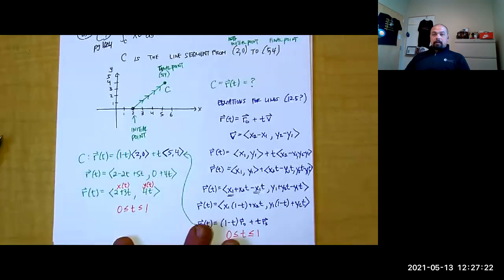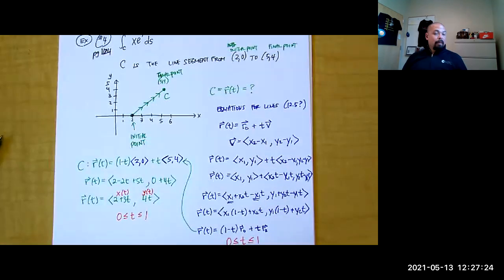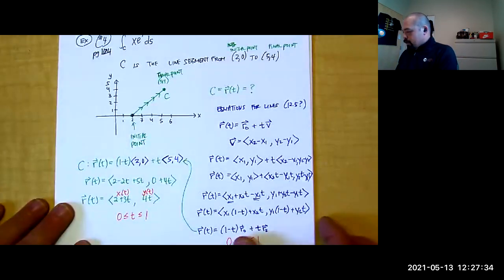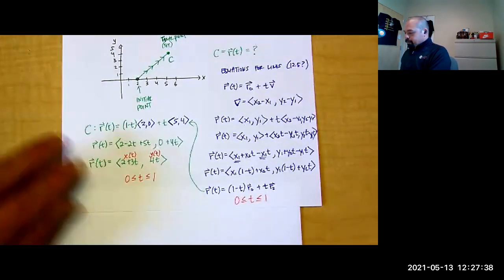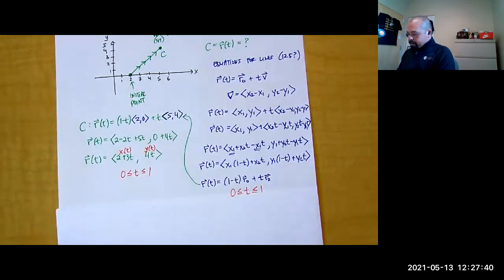All right, so that's the first part, just kind of thinking about how we might parameterize, how we might deal with that line, that curve, to integrate across.